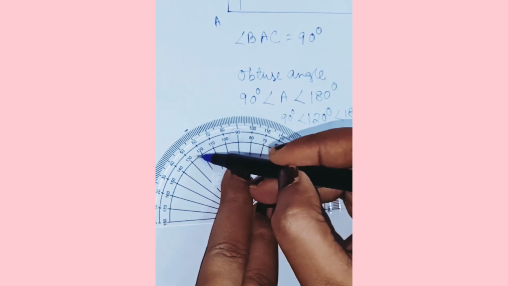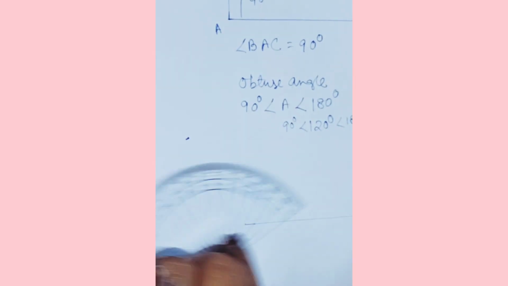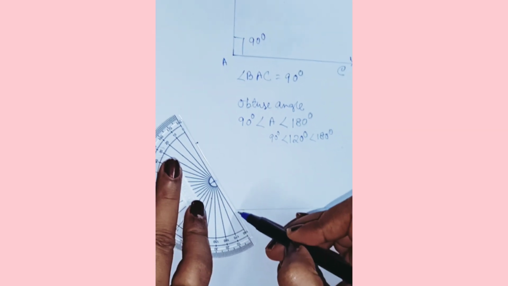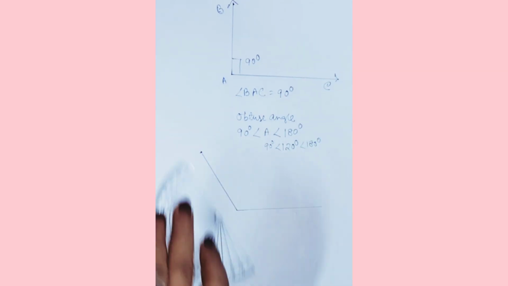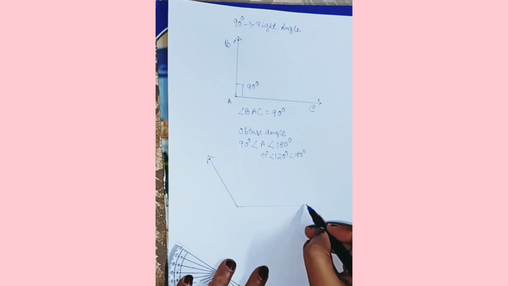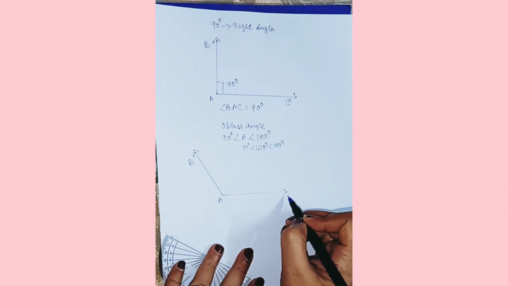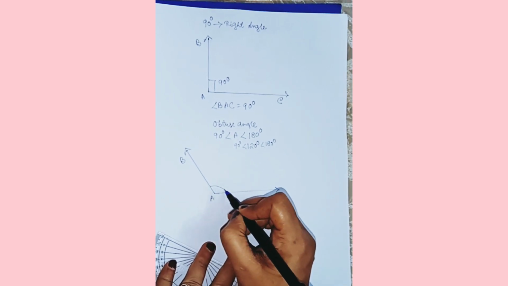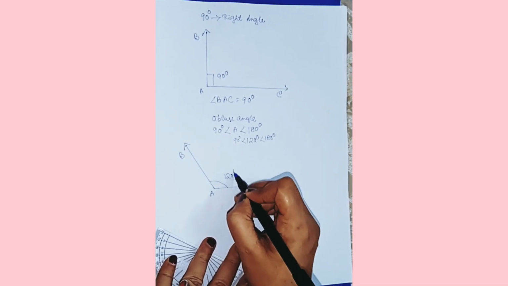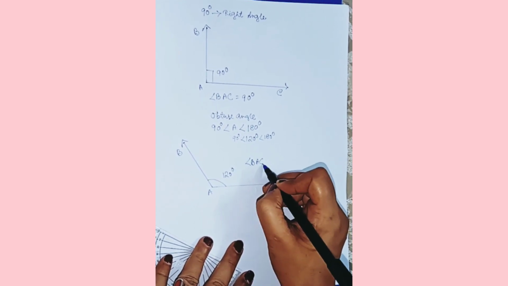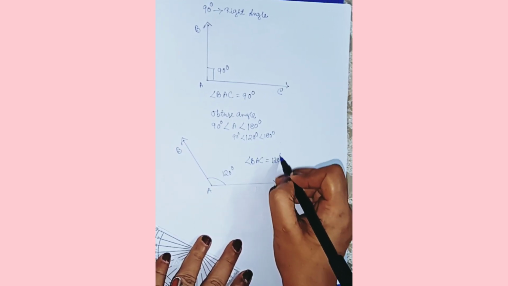You place a point here, and after that you join the line and put the arrow. Then you mark it here. That is 120 degree. Now you write angle BAC is equal to 120 degree.